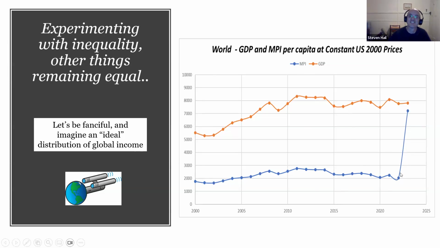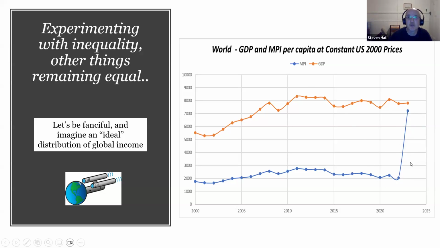And what I've done is I've imagined, and of course this is just ridiculous, what if net income around the whole world was about as evenly distributed as it was in the Scandinavian countries back in the 1970s? And of course, if you could do that without changing anything else, then that change itself would massively improve our prosperity indicator.